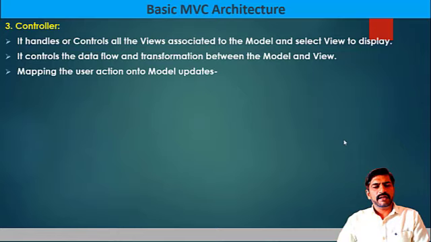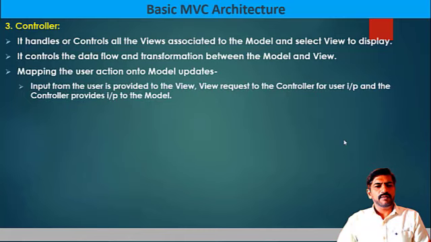So it maps the user action, that is the URL, onto model updates. Input from the user is provided to the view. View requests the controller for the user input, and the controller provides the input to the model.